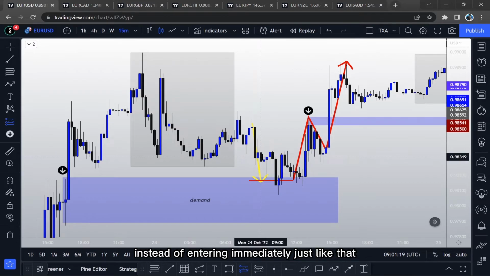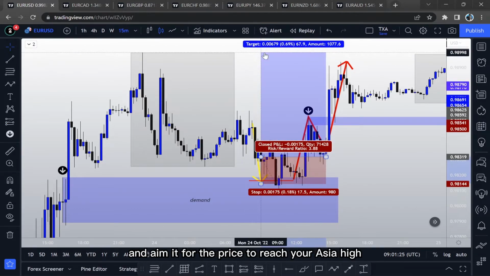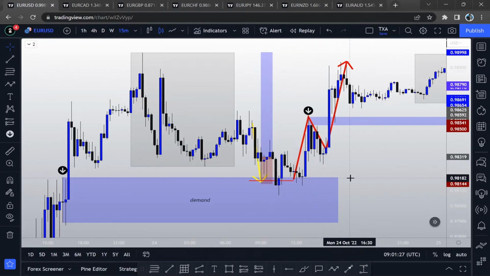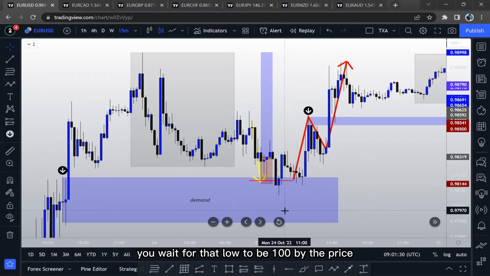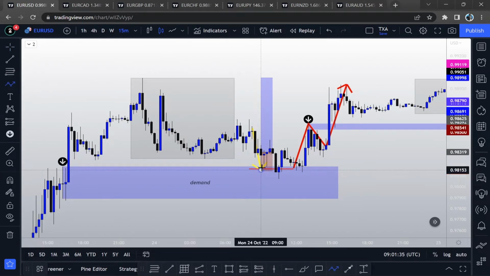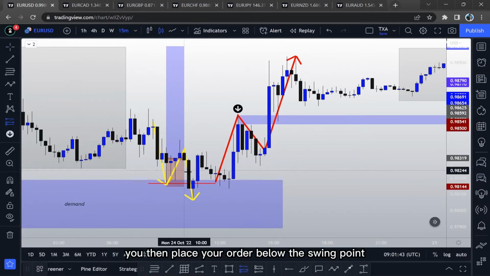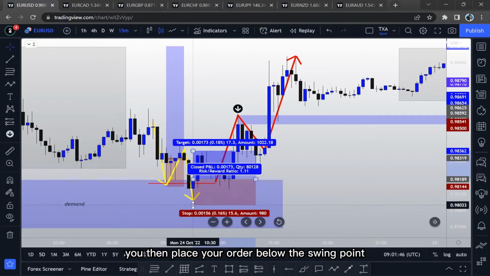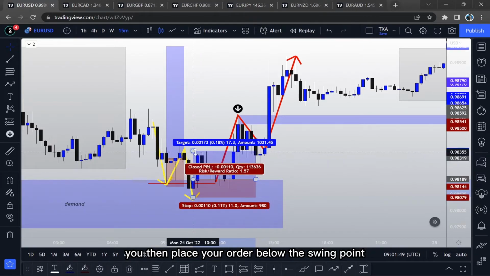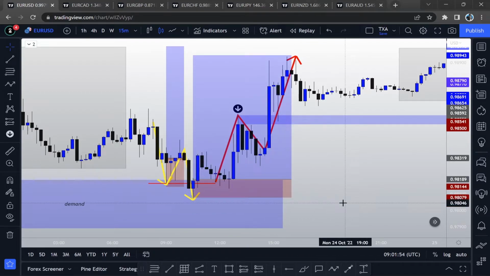Instead of entering immediately just like that and aiming for the price to reach your Asia high, you wait for that low to be stop hunted by the price, just like so. And when that happens, you then place your order below the swing point, and that's when you enter the market, just like that.